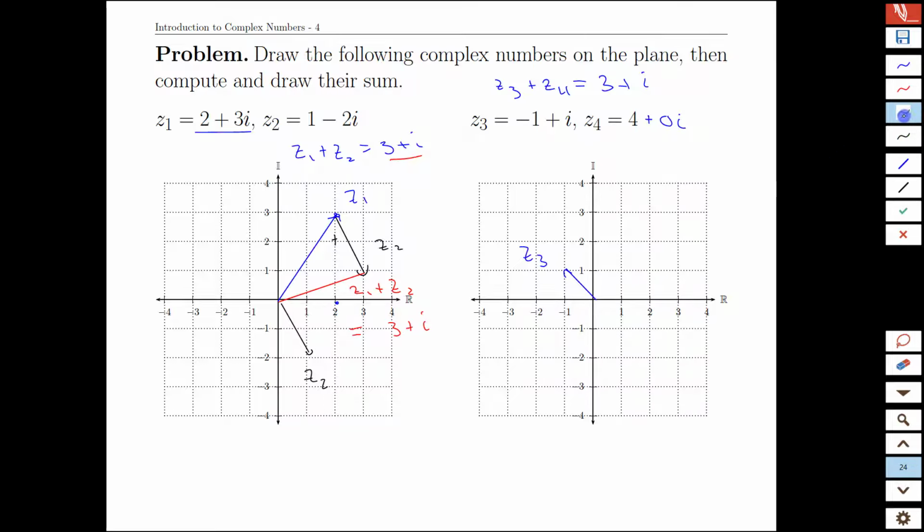Let's do it in a different color so it stands out. There's our z4. And if we do head to tail, we just jump up to here, move it over, have it go for 4 steps. And sure enough, this point, I won't draw it as a vector, but this point is 3 plus i. 3 over, 1 up by i.